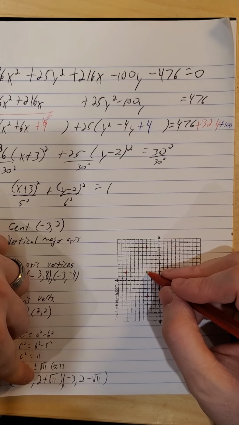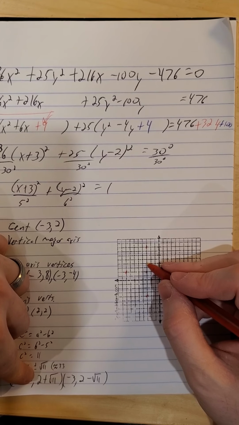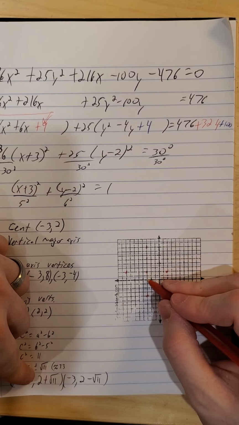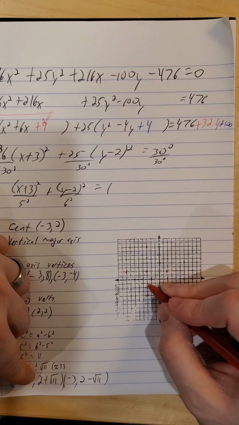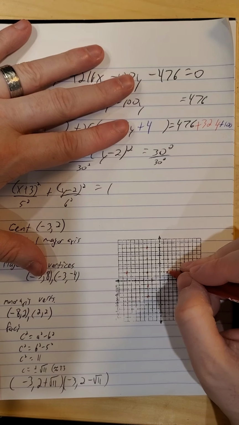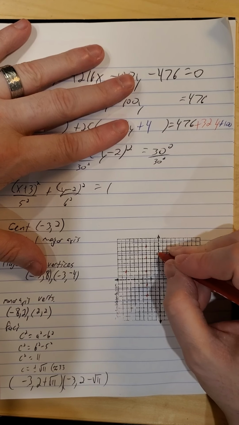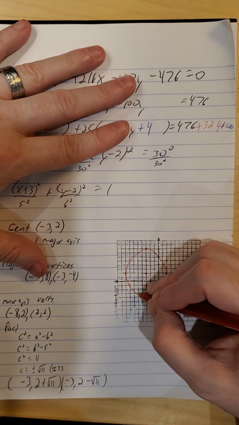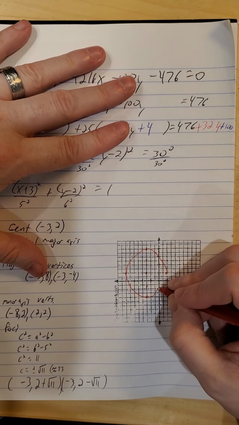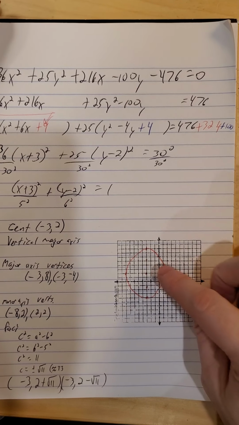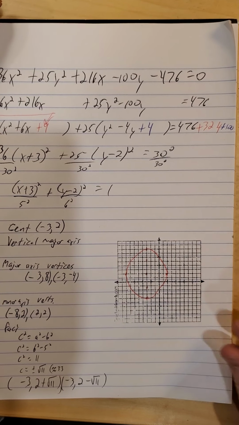And 2 plus about 3.3. 1, 2, 3 and a third. 1, 2, 3 and about a third. So we just connect up the 4 vertices, the major and minor axis vertices, with a nice smooth curve. And then we have our center and our foci on the graph as well.